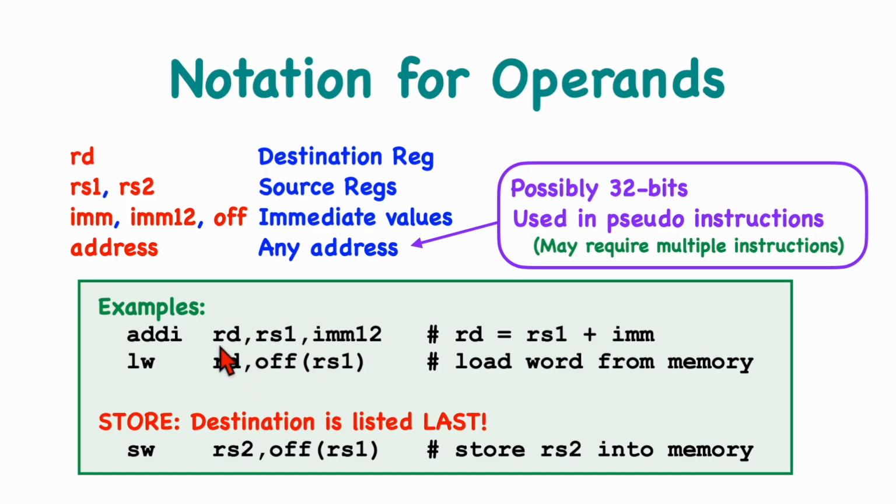And you can see that we don't specify the actual registers, but instead we say that in this particular position we expect to see the destination register, which would receive the result of the instruction. And we use RS1 and RS2 to indicate where we would specify source registers, and we use things like immediate and immediate 12 and offset to indicate where immediate values would be required for the instruction.